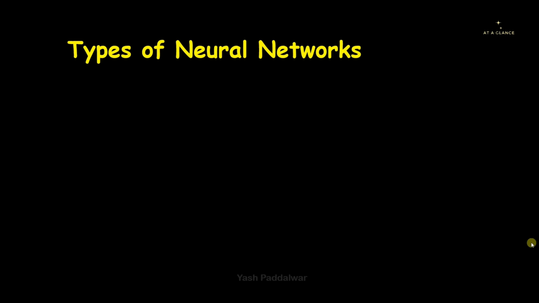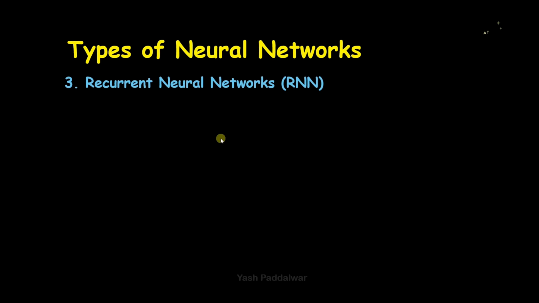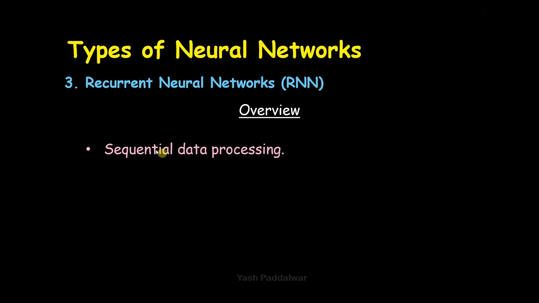The next type of neural network is RNN, which is called Recurrent Neural Network. This particular neural network is different from CNN and FNN. Let's have an overview of it. It is specially used for sequential data processing. Now what is sequential data? It means data which comes in a long sequence.